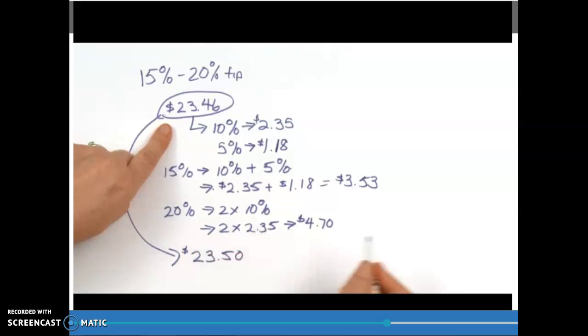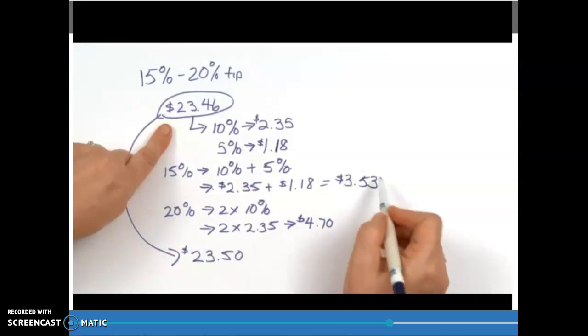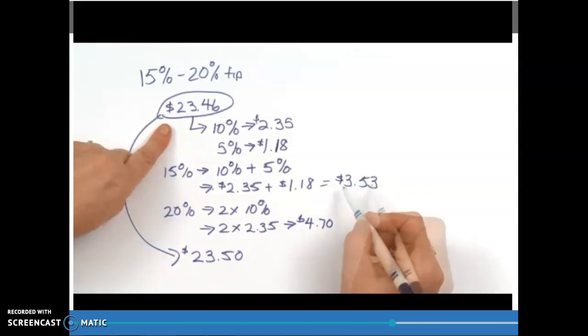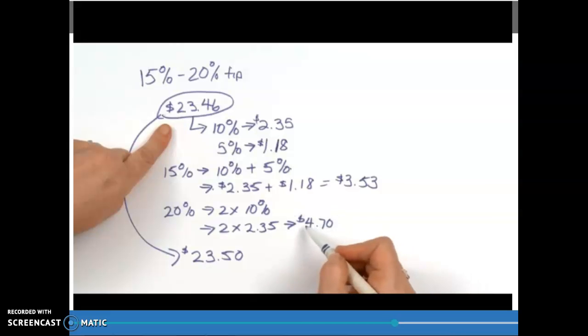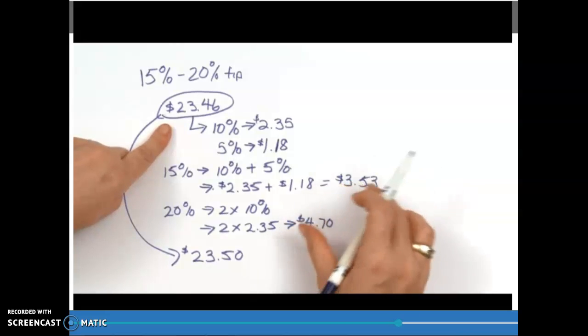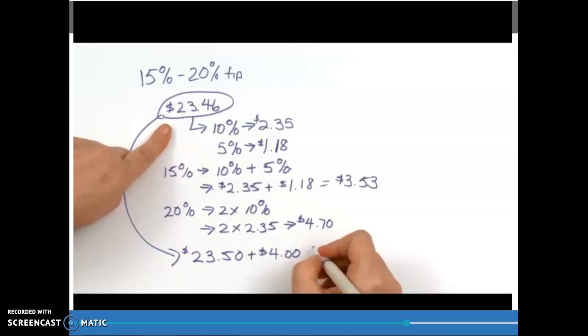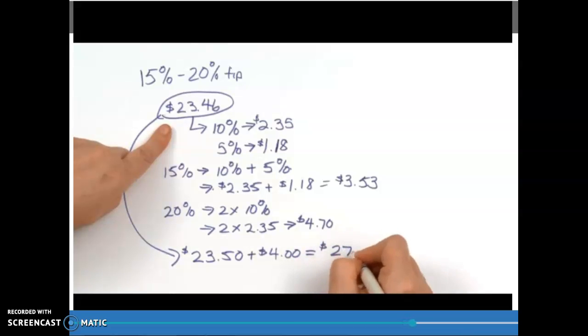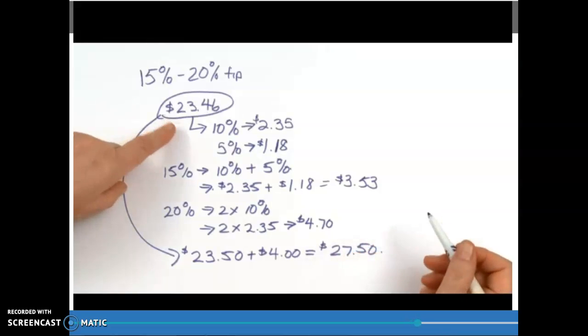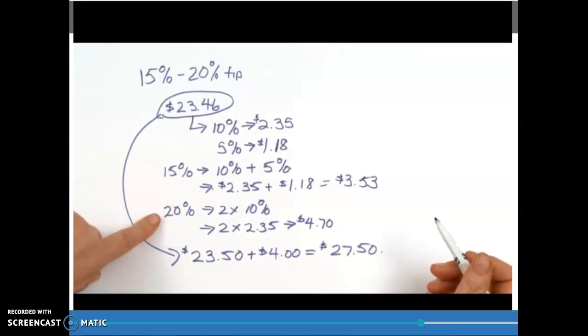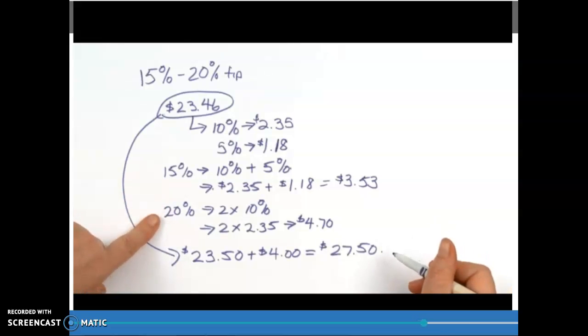And I might think of having a number that's closer to $3.50, but I know that 20% is $4.70, so I might choose a number in between. I'm going to add $4 because that makes a nice tidy sum of $27.50, which is somewhere in between 15 and 20% that I'm going to give to the server for my meal.